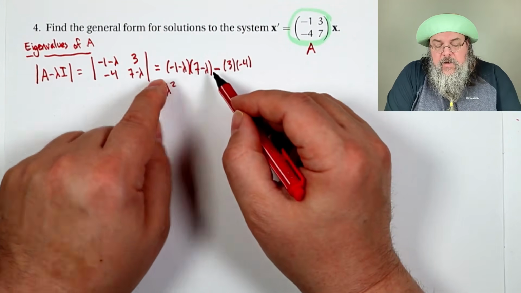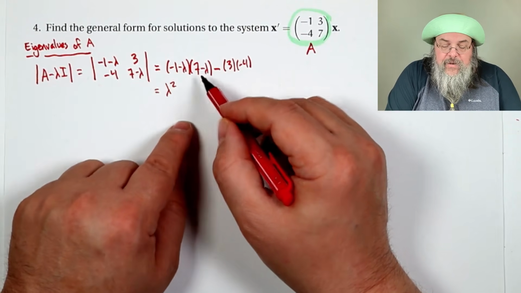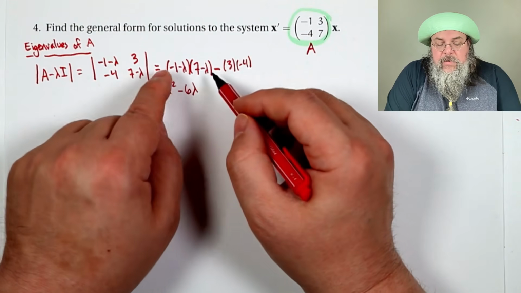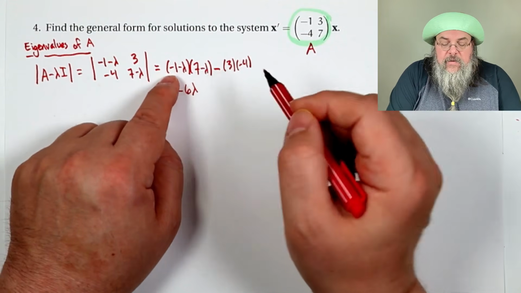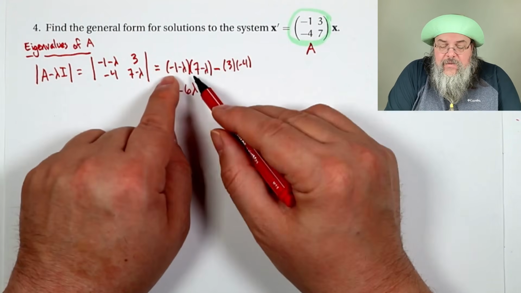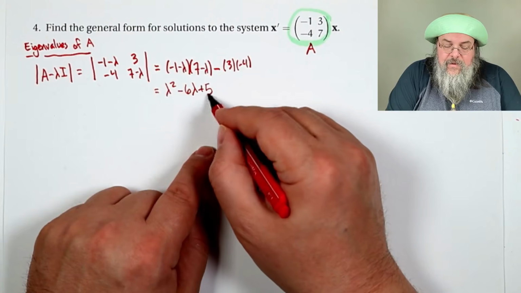And then we get a plus lambda minus 7 lambda. That makes minus 6 lambda. And then we have minus 1 times 7 is minus 7. And over here we're going to add 12. Minus 7 plus 12 is plus 5.